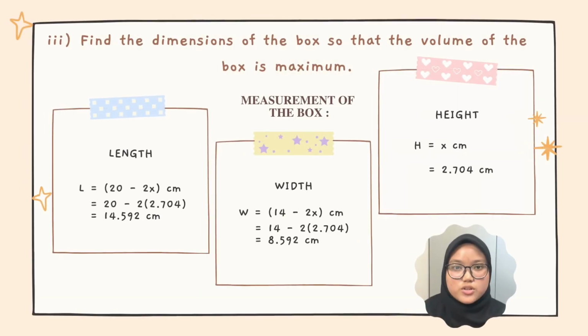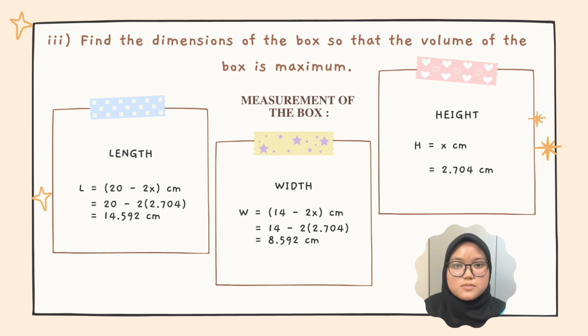For question 3, find the dimensions of the box so that the volume of the box is maximum. For this question, we need to calculate the measurements of the box using x equals 2.704. For length, we substitute x into the formula length equals 20 minus 2x, and the answer for length is 14.592 cm.